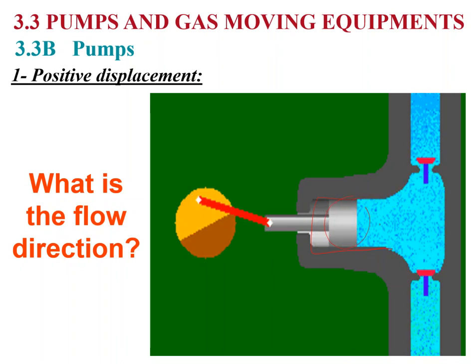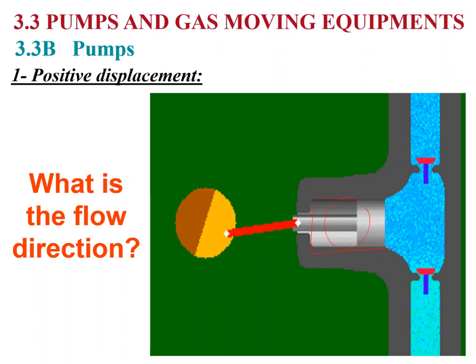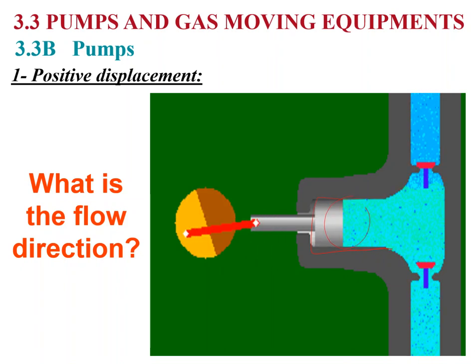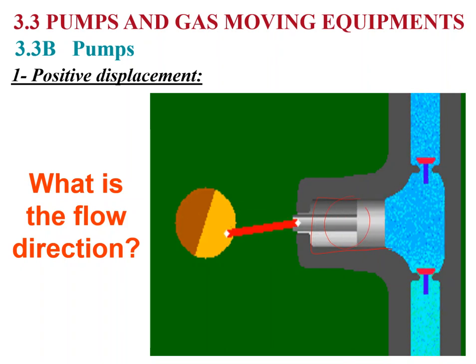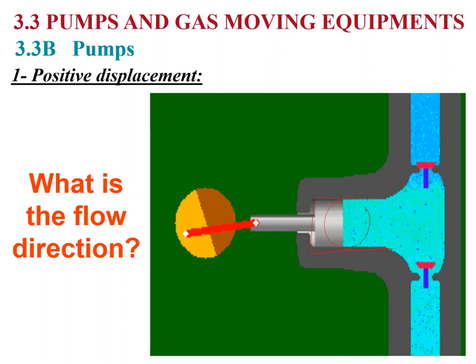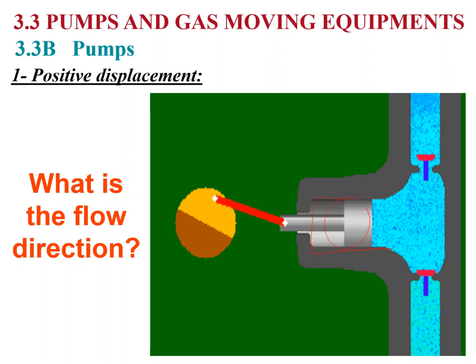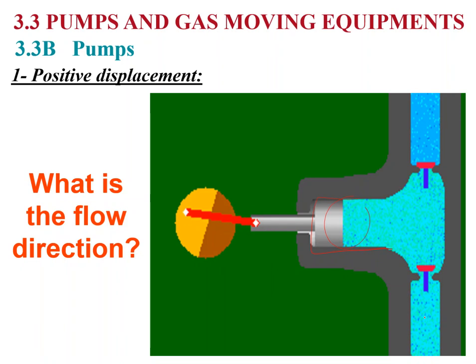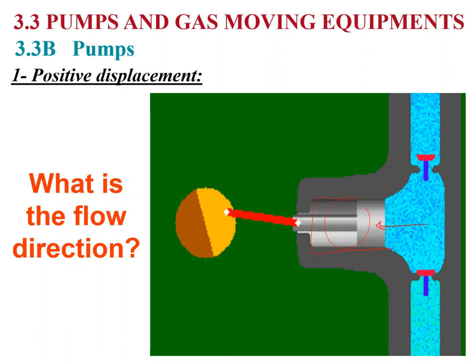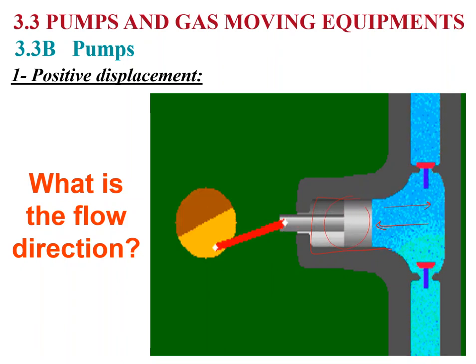What's the flow direction? As you can see, I have two cycles here. I have a compression cycle and I have a suction cycle. The suction comes first, as you can see when this valve opens.